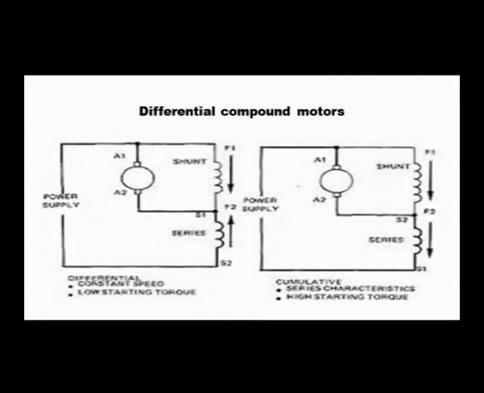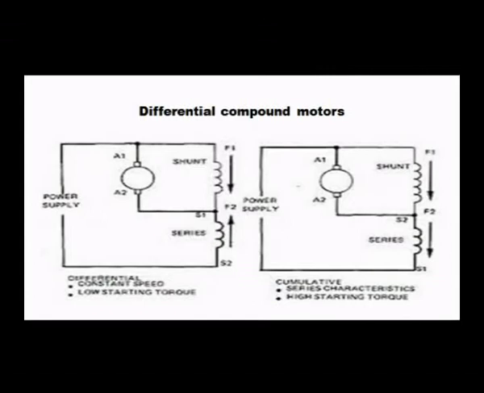In cumulative compound motors, the series field winding and the shunt field winding are connected in such a way that the fields developed by the two aid each other. In differential compound motors, there will also be two field windings, the shunt field winding and the series field winding, but in this case the fields developed by the two will not aid each other, instead they will oppose each other. Therefore this is known as a differential compound motor.